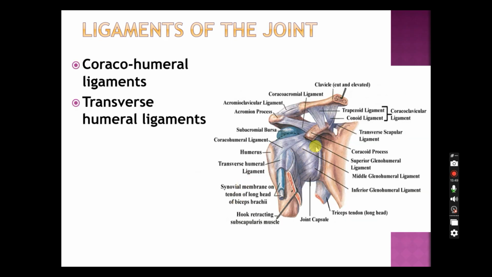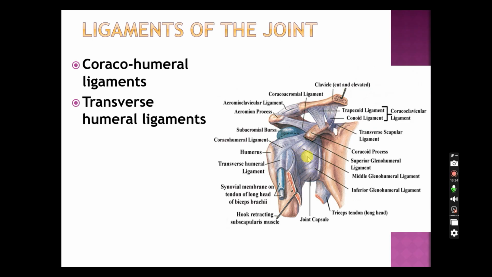Coracohumeral ligament, from the coracoid process to the humerus. So from the lateral border of the coracoid process to the anatomical neck, there's a ligament called the coracohumeral ligament. Then the transverse humeral ligament is nothing but a band of fibrous tissue bridging across the intertubercular sulcus to keep the tendon of the biceps within the space.